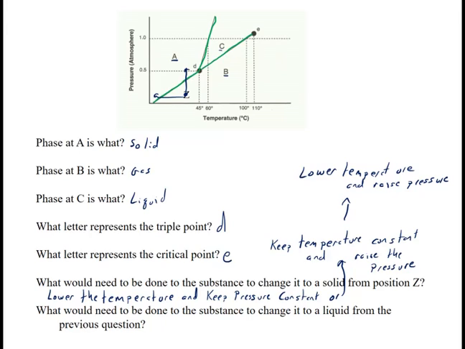What would need to be done to the substance to change it to a liquid from the previous question? So basically, it depends on which direction you decide to go here. But let's say, so if that's Z, let's say that this is X. Okay? So from X, I could just raise the temperature and keep the pressure constant, but not by much.